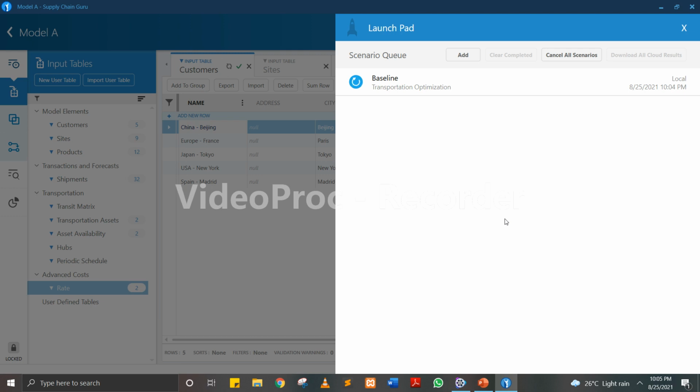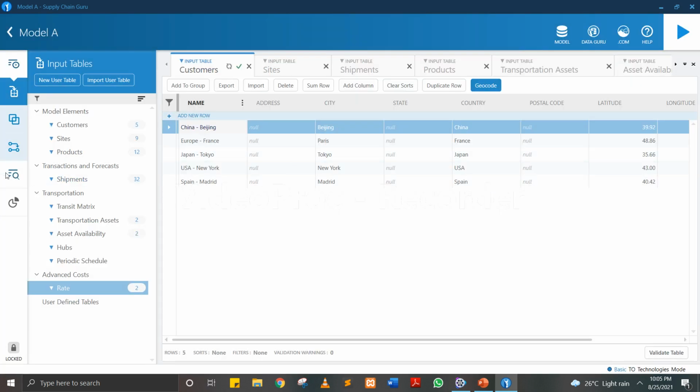It takes time. Now that it is completed, we can view the output tables.